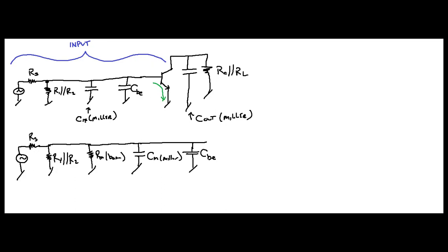So, why don't we just get rid of this other capacitor here? Where's your delete key? There it is. And that's going to simply be C in Miller plus CBE. That's the value of that capacitor, right? So, we can also do this if we want.